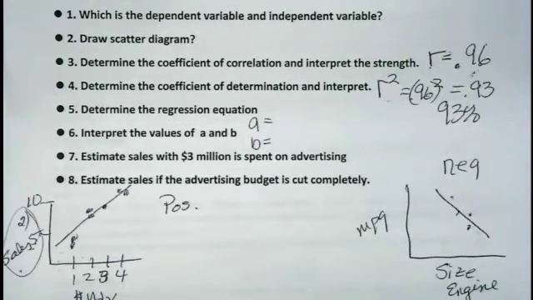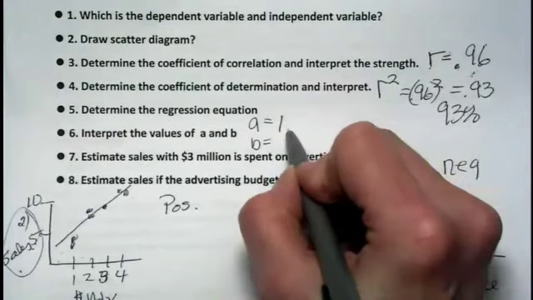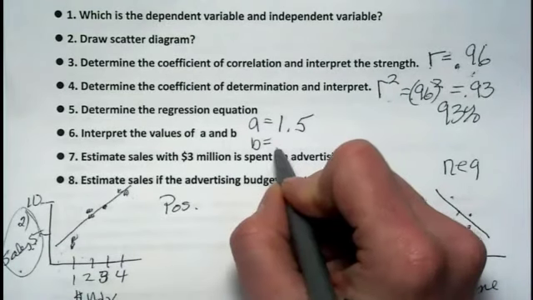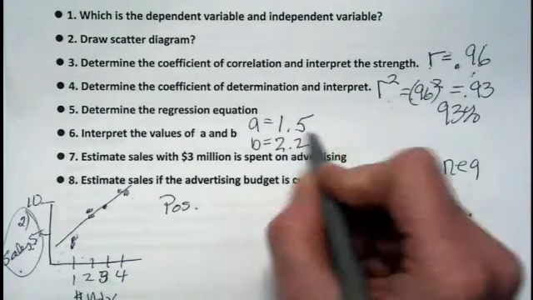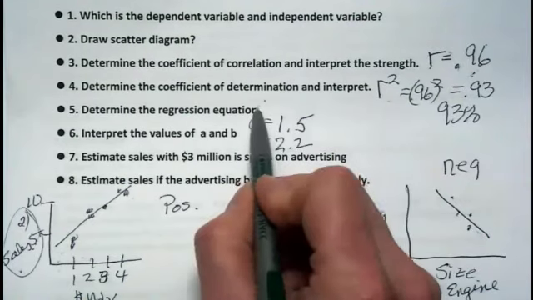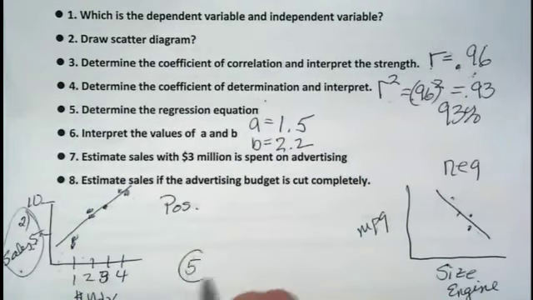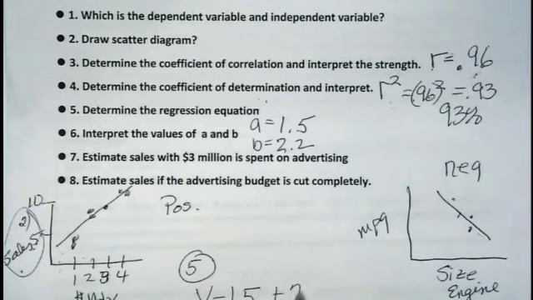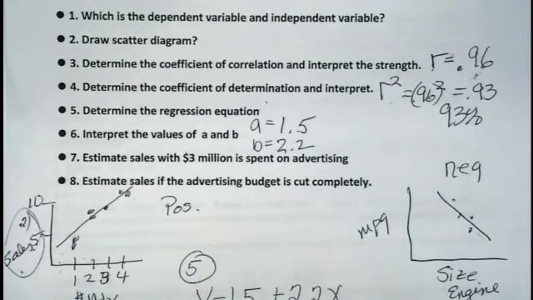all of those. Well, I found A on my calculator was 1.5, and B was 2.2. So the equation for the line, which I'm going to come down here and make it nice and big because it's important, is y equals 1.5 plus 2.2x. What does A and B mean?